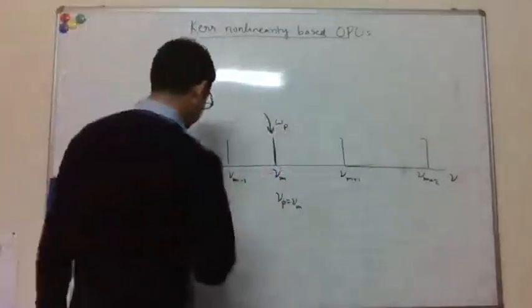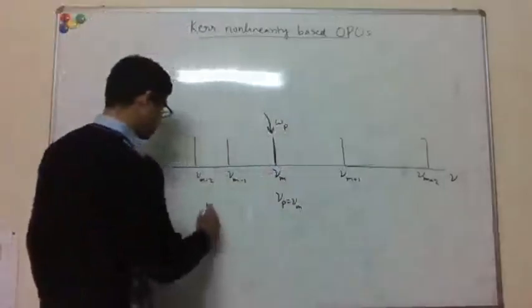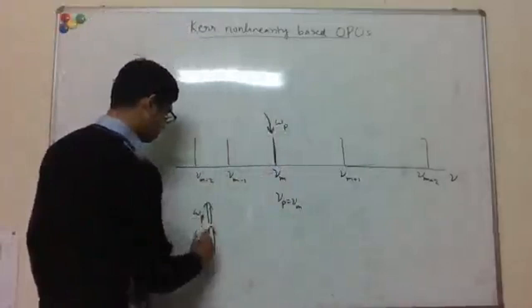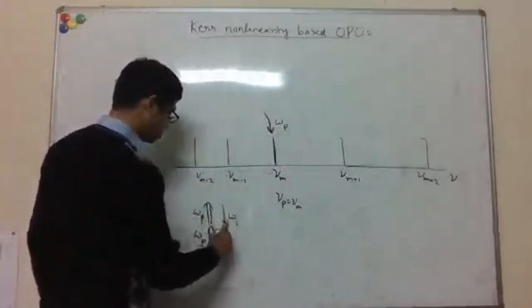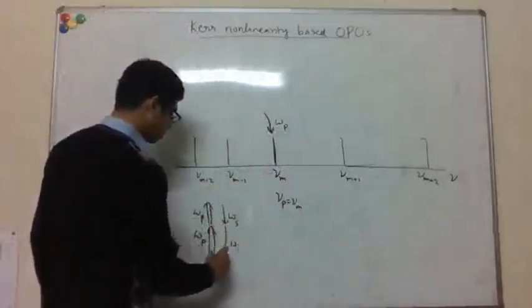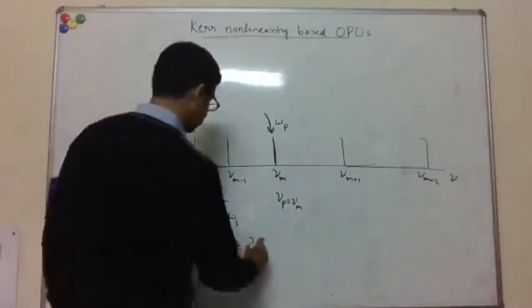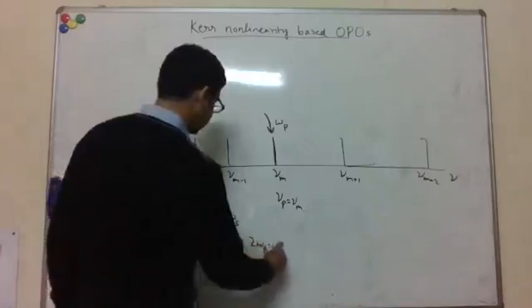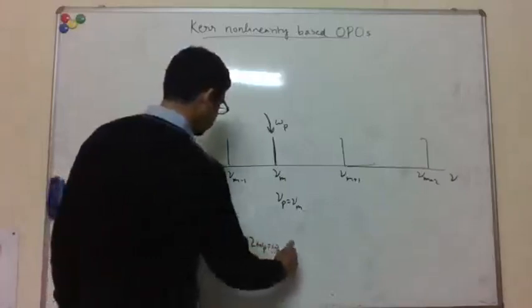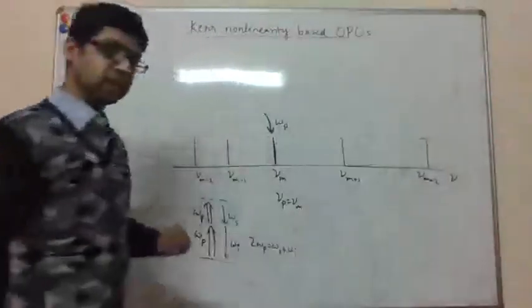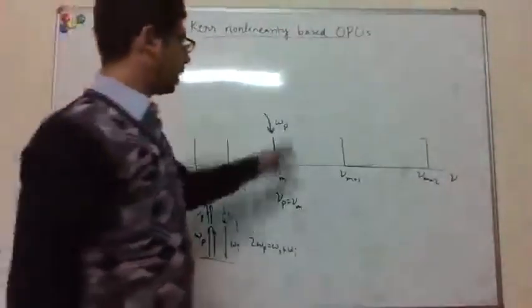We know that for the four-wave mixing process, energy conservation demands that 2 omega p is omega s plus omega i, which means omega s and omega i are symmetrically placed about omega p.